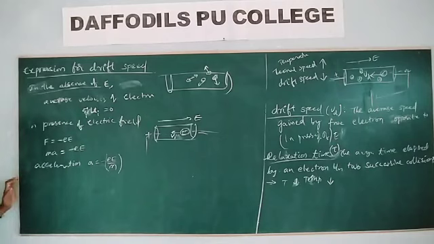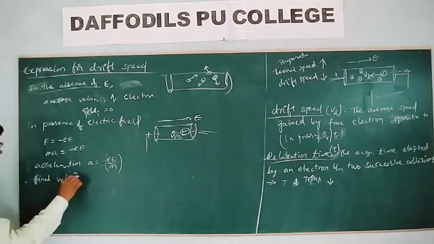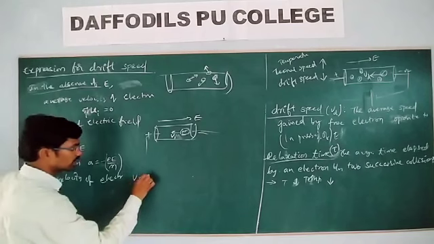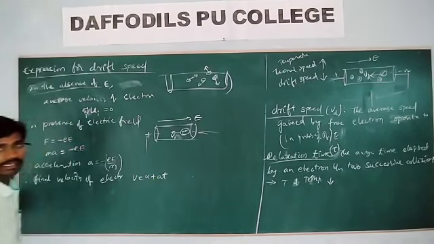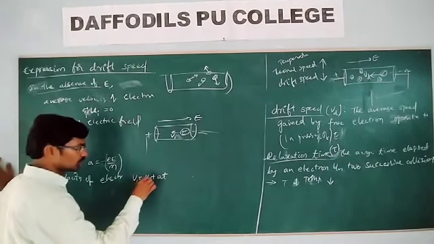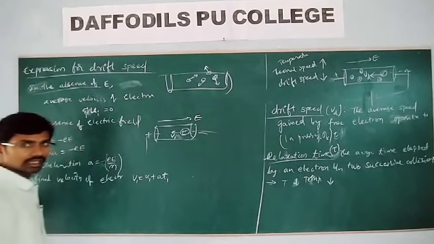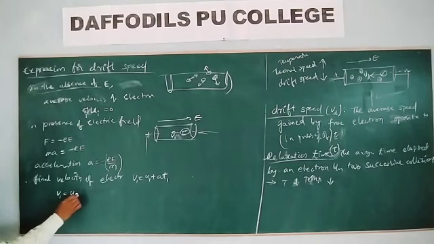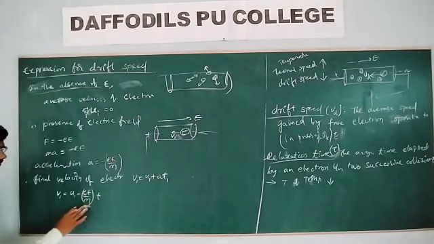Therefore, the final velocity of the electron v is equal to u plus a t. Then v1 is equal to u1 plus a t1, so v1 is equal to u1 minus (eE by m) t.